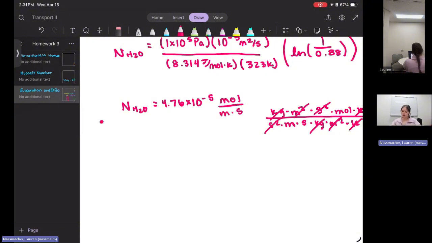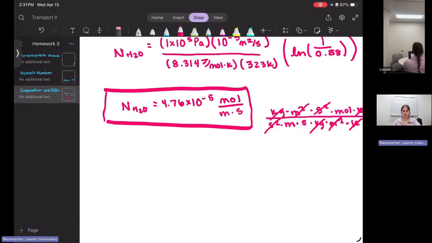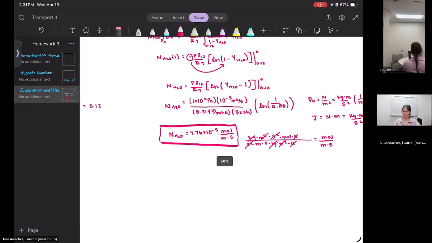So this number is our estimated molar flux within our pool of water.